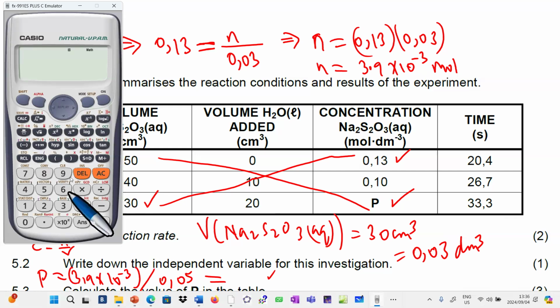3.9 times 10 to the power minus 3, divided by 0.05, which is 0.078.